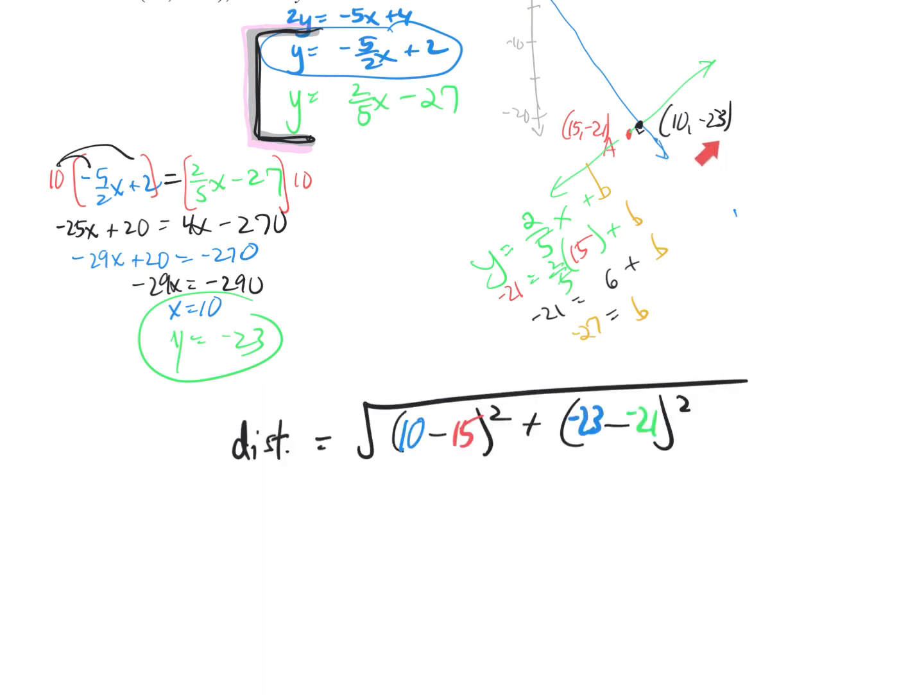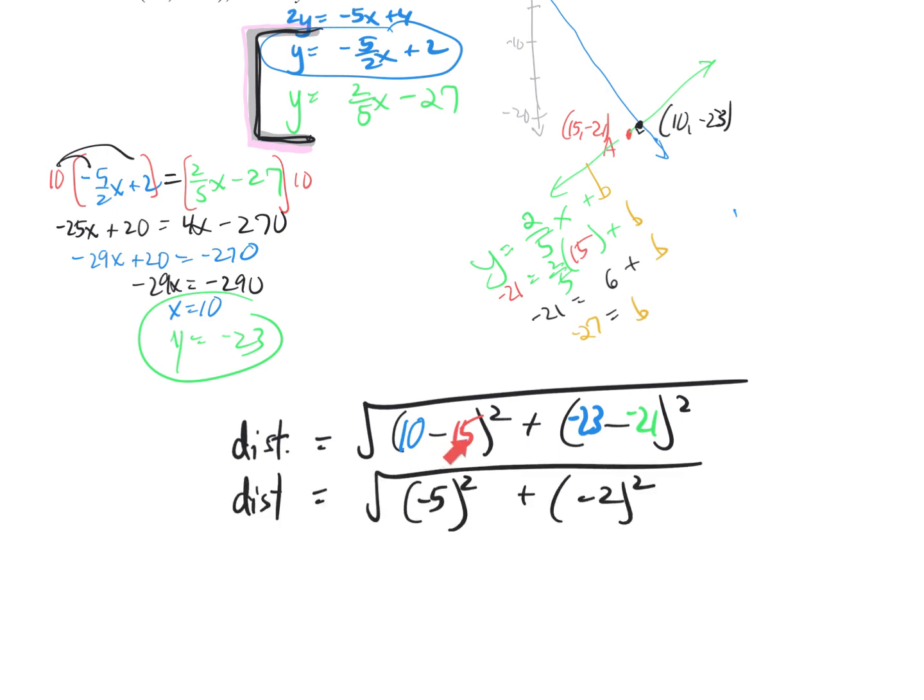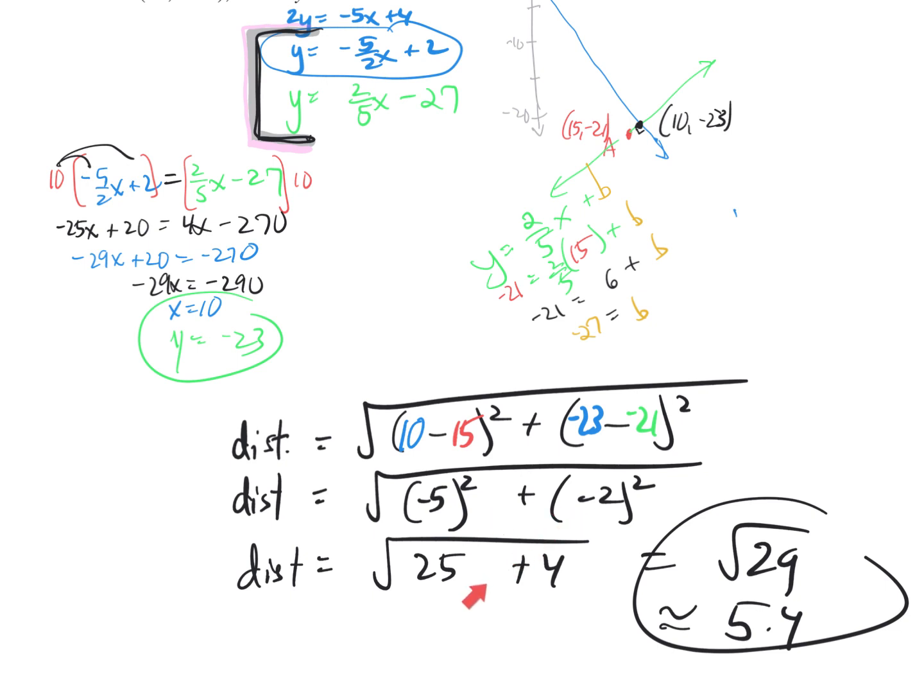So the y values are negative 23 and negative 21, so subtract the y values. The x values are 10 and 15, so we'll subtract the x values. Negative 5 squared and negative 2 squared. So that's 25 and 4, which is 29, and the square root of 29 is our final answer.